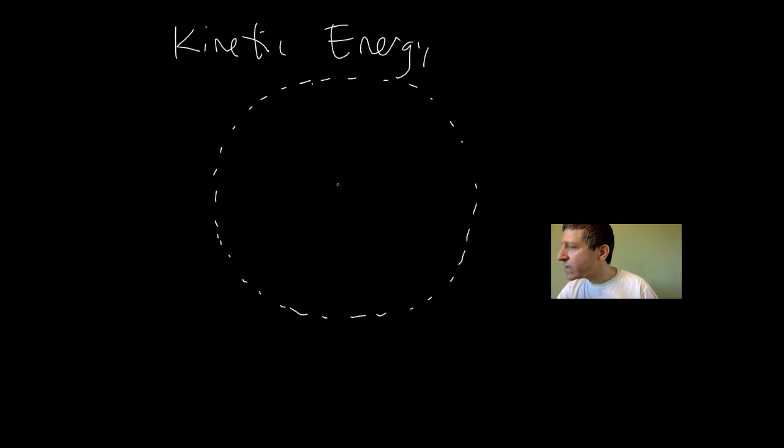Here's the axis of rotation of the disk, which I often mark as a star, an asterisk. Here's mass 1, just say it's a point mass M1, and its distance from the axis of rotation is R1.